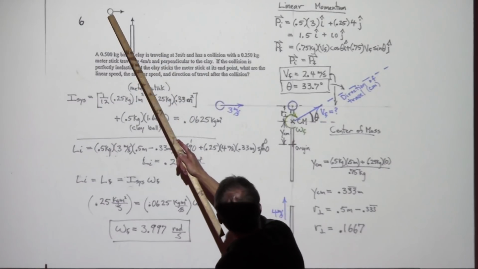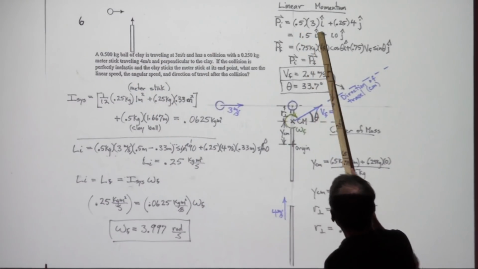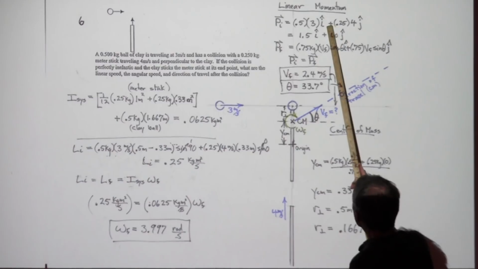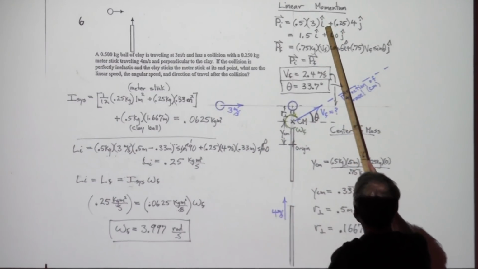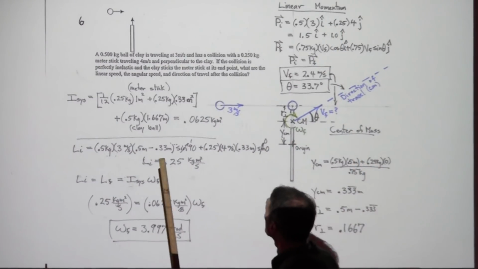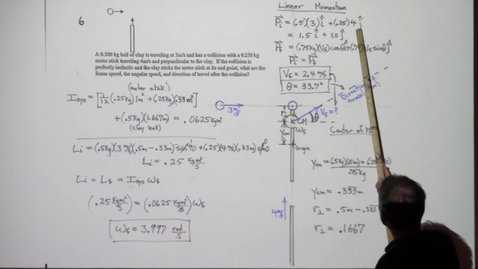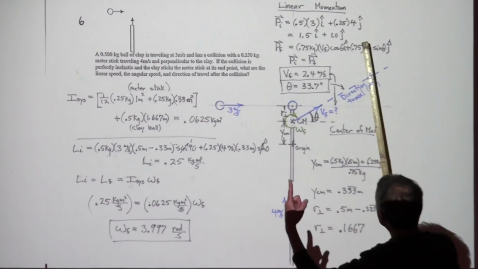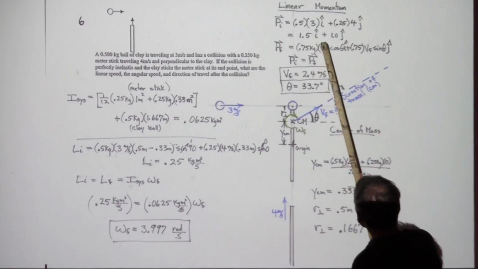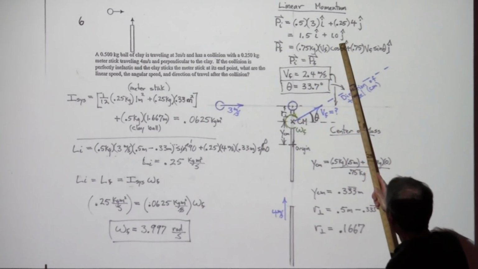We have the clay ball traveling 0.5 times 3 meters per second, and that's going to be in the I direction. The meter stick is coming straight up and is going to skewer this thing at 0.25 times 4 meters per second. That's in the J hat direction. So this is the initial momentum.